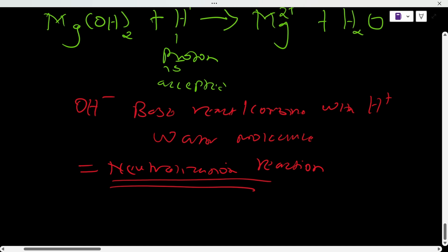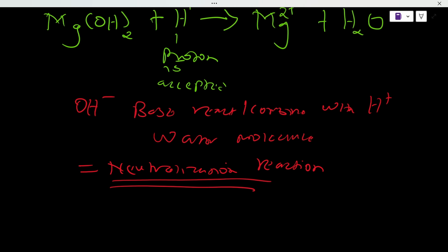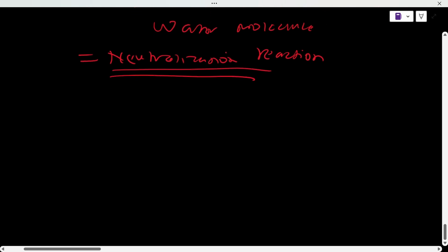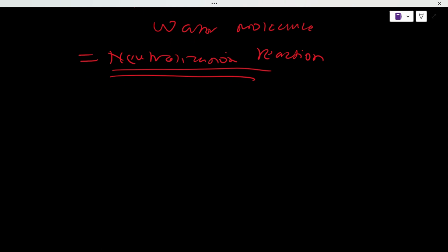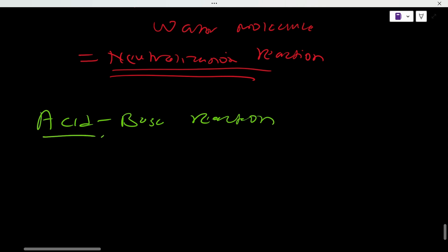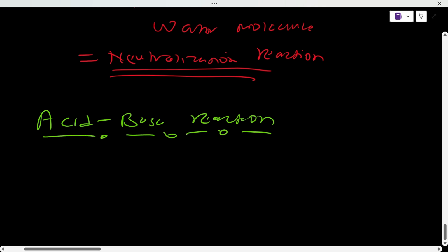That's what we call neutralization reaction. So now, if I come to acid-base reaction, there are key things I want you to analyze and understand before we move deep.